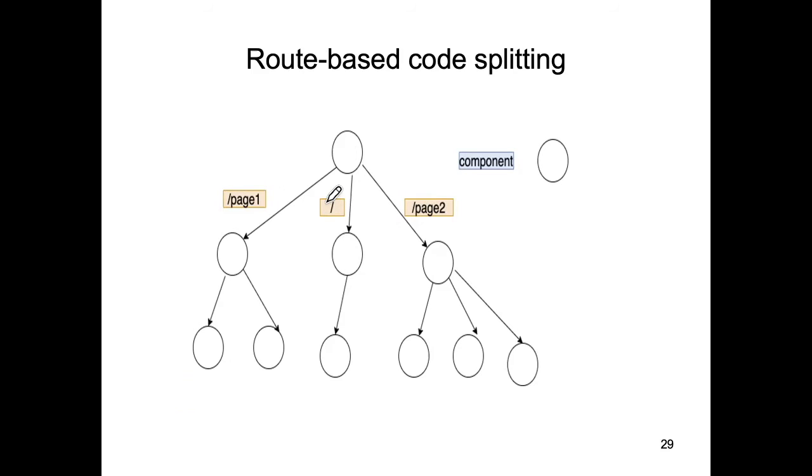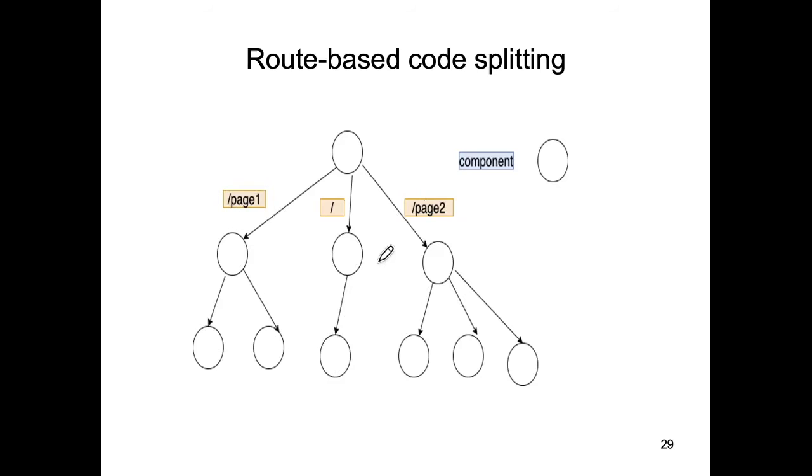When the user navigates to my application initially, in other words, they go to the root path, these components here are required, and they're used to render the home page. When they navigate to /page1, these components are used to render that page, and equally over here on page 2.